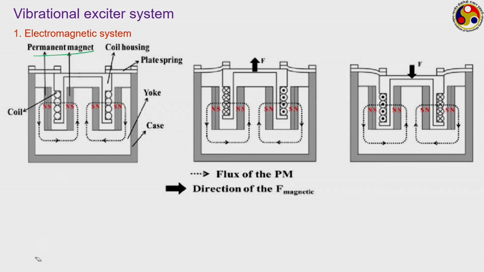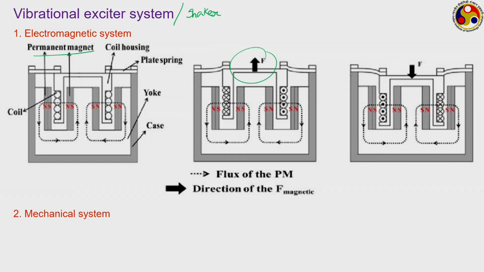Now, look at the dotted line that is shown, it is the direction of the flux created by the permanent magnet, and when the current is flowing through this, the magnetic force is acting in this particular direction. So, these two create some kind of interplay, and this interplay leads to a vibration of the member where we are looking to subject this. Quite often these vibration exciter systems are also called shaker. So, electromagnetic shaker is a very popular one.